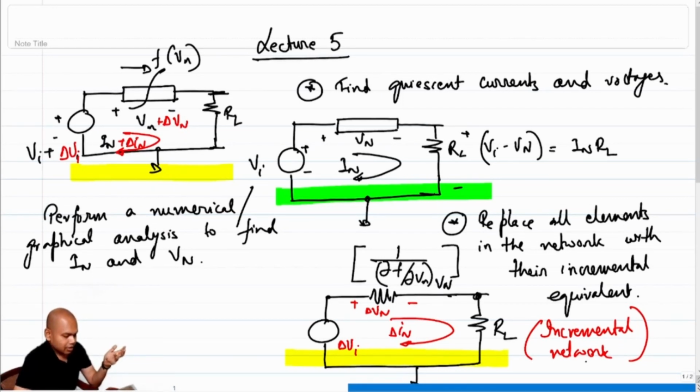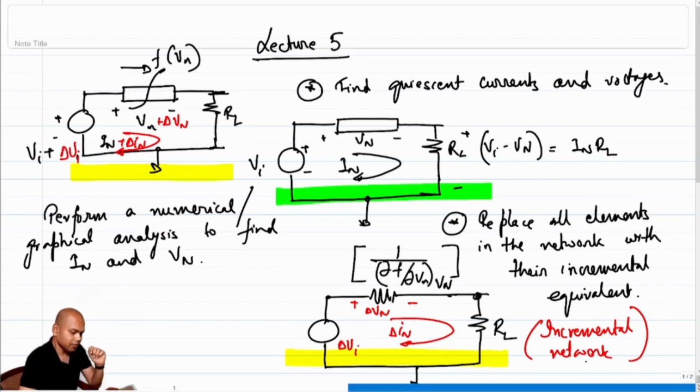The incremental network is nothing but the linearized version of the nonlinear network. It's the same network where the nonlinear element has been replaced with the linearized version, and all the sources have been replaced with their incremental equivalent, and then you find the incremental currents and voltages from the incremental network, right? And it is easy to find because this incremental network is fully linear.